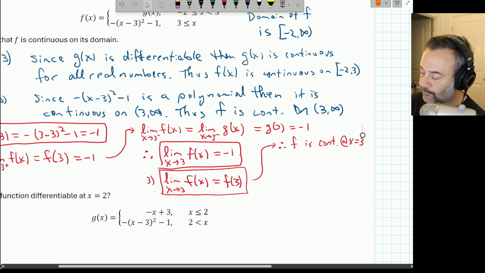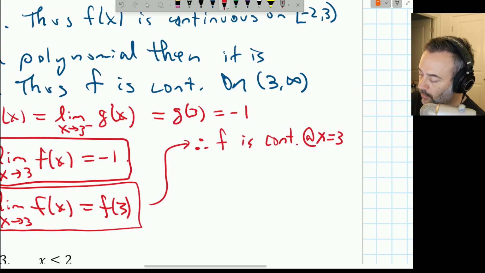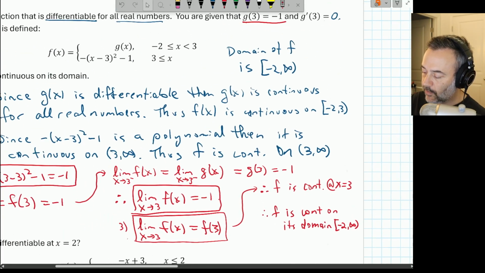And therefore, we've now proven that f is continuous on its domain from -2 to infinity.